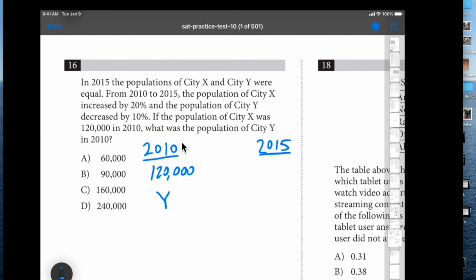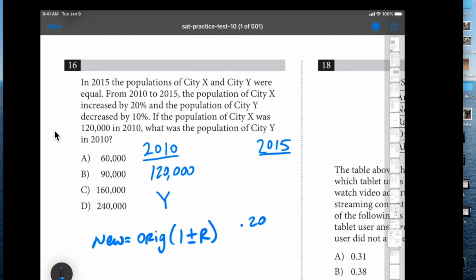We also know that between 2010 and 2015, city X increased by 20%. Remember what we talked about in an earlier problem. New equals original times 1 plus or minus r, where r is the decimal version of the percentage. So if we're looking at city X increasing by 20%, 20% is 0.20.